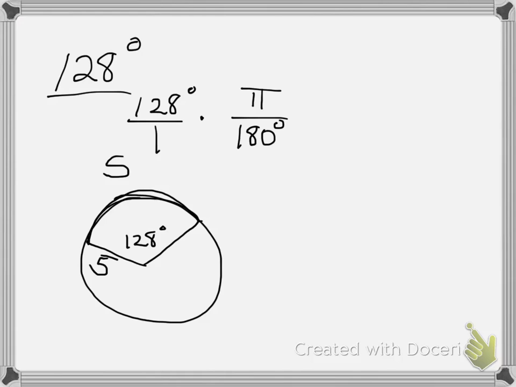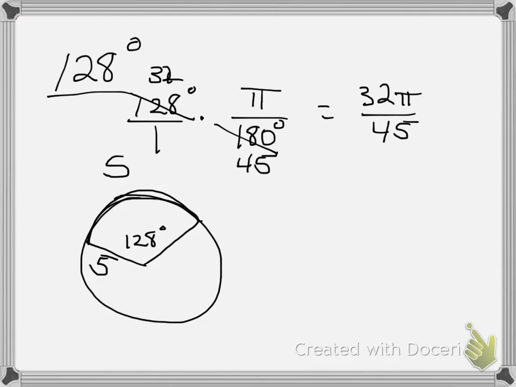Okay? And I cancel, and this will go in to this, leaving 45 here and 32 here. So it reduces to 32 pi over 45. Okay, so we have got it in radians.